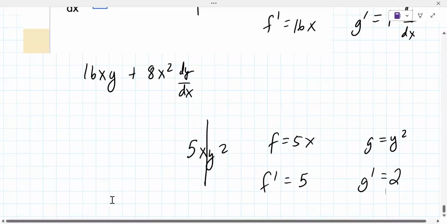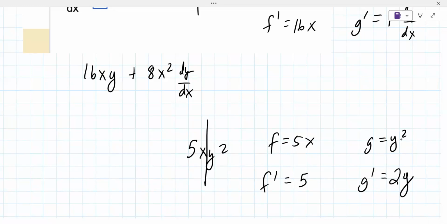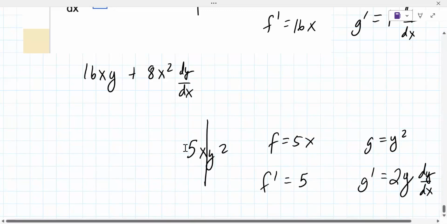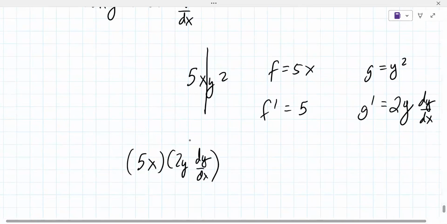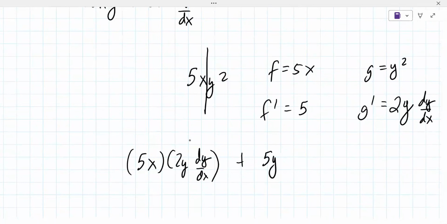First of all, just take your derivative. Assume it was an x squared, what would your derivative be? It would be 2y. And then there's always a dy/dx that goes along with y. Okay. And so again, you combine them diagonally. So it's 5x times 2y dy/dx plus 5y squared.